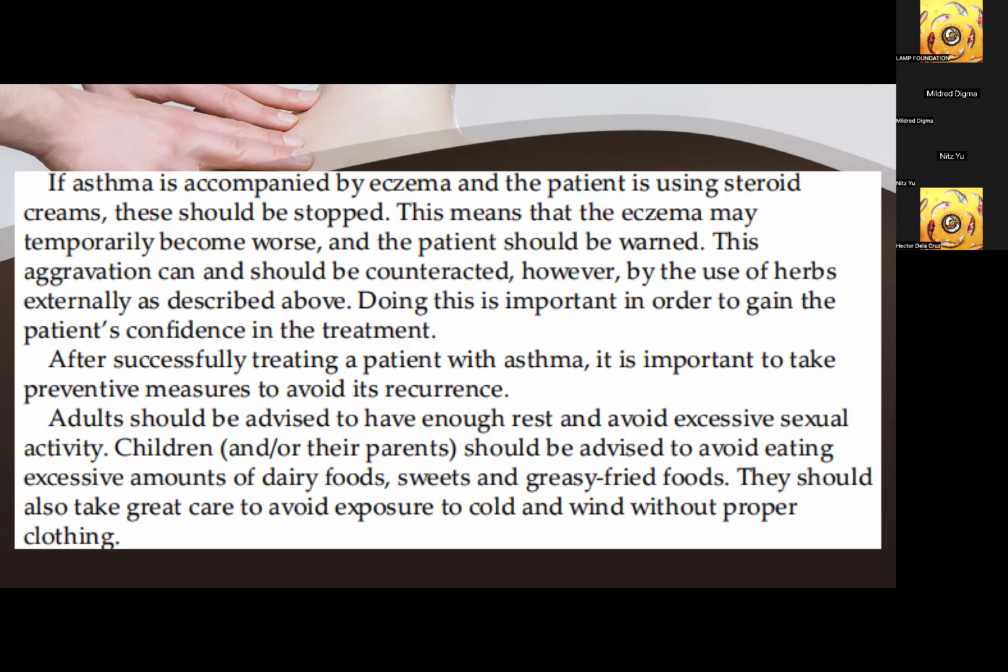After successfully treating a patient with asthma, it is important to take preventive measures to avoid its recurrence. Okay? Adults should be advised to have enough rest and avoid excessive sexual activity.